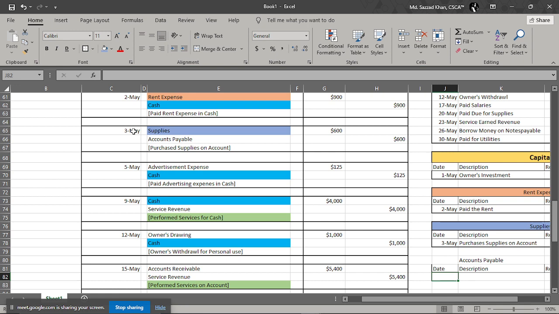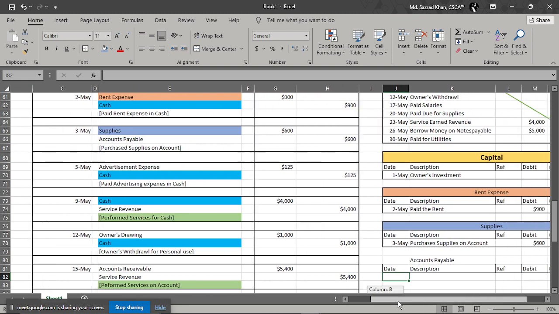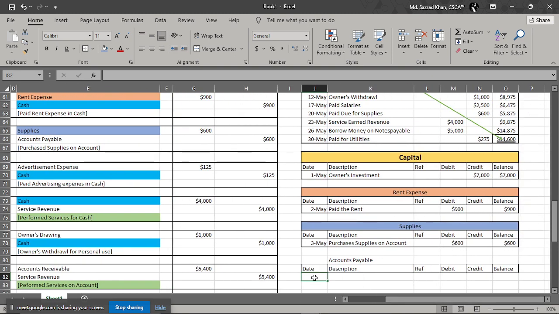Yes, we can see there is a 3rd May entry. Accounts payable was credited. So we write it down. Purchase supplies. Same thing, we write down the same thing. Account was credited. By how much? 600.